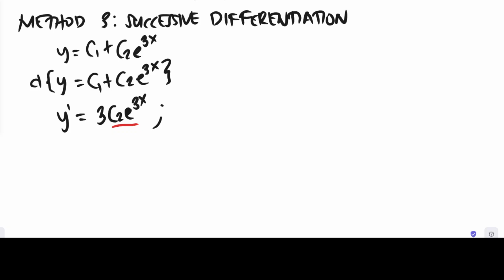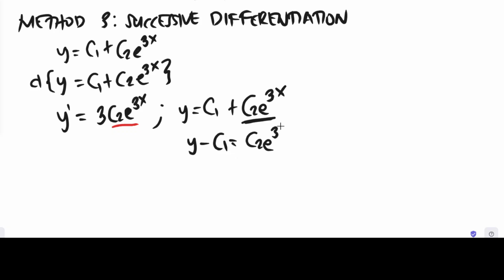So what do I mean by that? If we go back to our original equation, which is y is equal to c1 plus c2 e raised to 3x, right? If we separate c2 e raised to 3x, we will have y minus c1 is equal to c2 e raised to 3x, right?